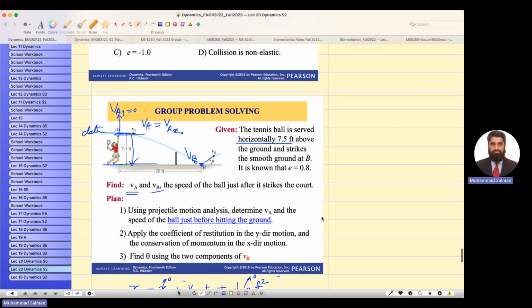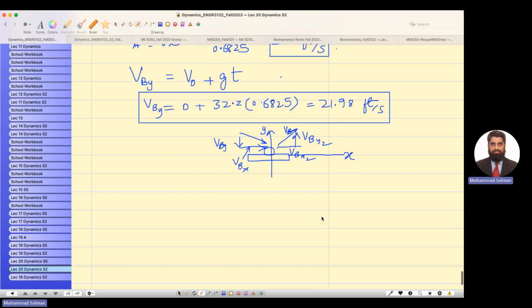Where is the line of impact? Is X the line of impact or Y the line of impact in this specific case? Y is the line of impact. You understood this one? So E would be found from the formula. Let me write it down: E equals VBY2 minus 0 over VBY minus 0. Agreed?